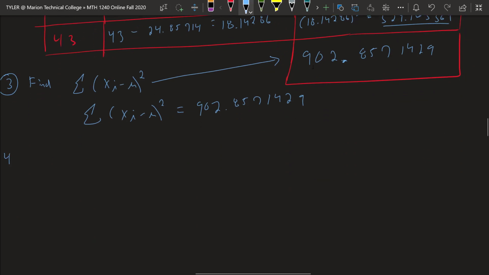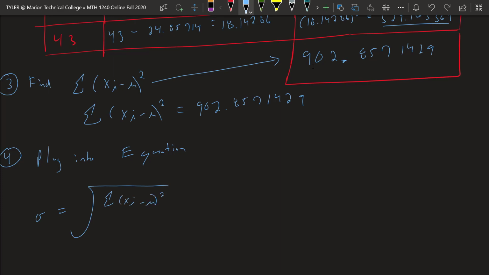Right, so then the very last thing you're going to do is just plug your items into the equation. Right, so remember we have sigma equals the square root of sigma x sub i minus mu quantity squared, all divided by capital N. So in other words, we kind of have two pieces here, right?